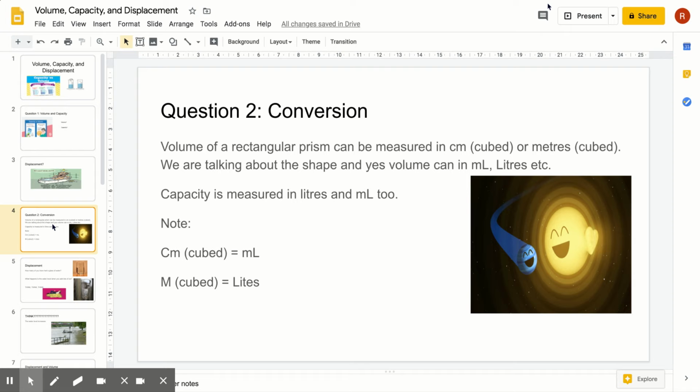But you also have to understand that volume can be in liters, milliliters, or anything representing liquids we're familiar with, but it could also represent 3D, which means things like centimeters cubed and meters cubed.